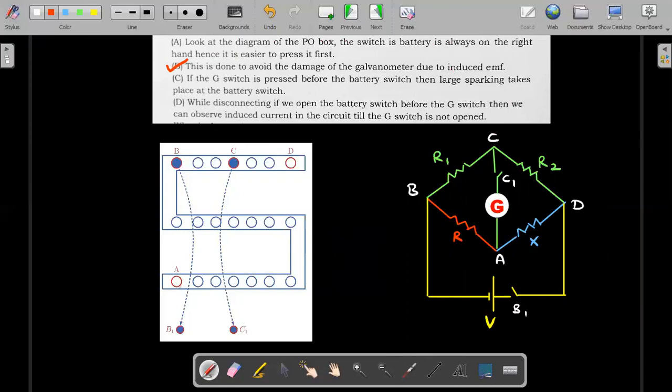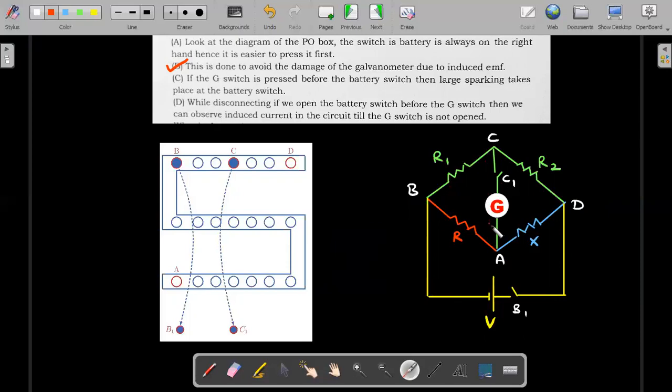The galvanometer should not be in connection whenever changes of current are happening. Imagine you close the galvanometer already, and the galvanometer is part of the circuit; current won't flow then, no issue. But when you close the battery, immediately a sudden change in current happens, and in the galvanometer there will be a coil and there will be induced currents, and deflections and damage will happen.